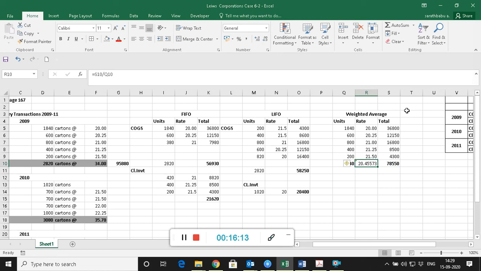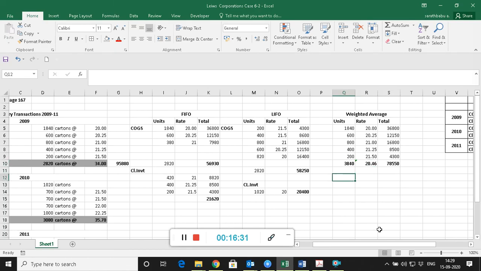Therefore my unit price would be my weighted average price. I'm calculating an average over here, so it's a weighted average. So my weighted average unit price is 20.45.